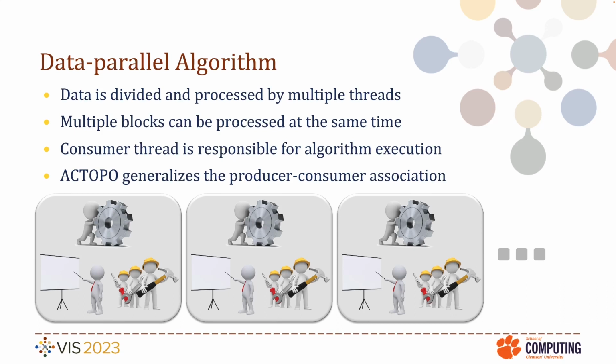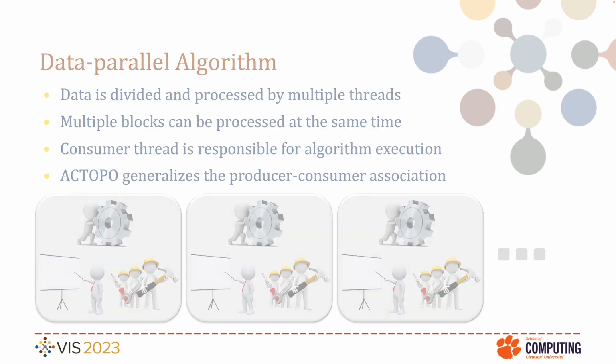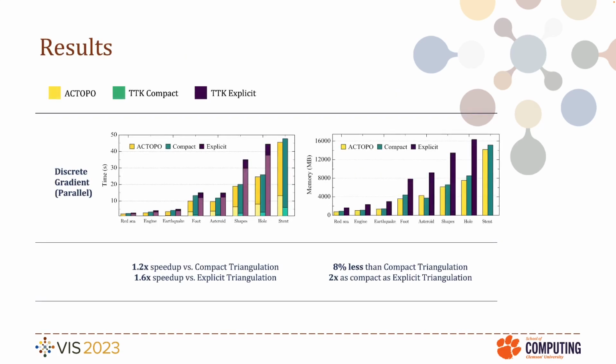As we mentioned earlier, the consumer thread in OCTOPUS is responsible for executing the algorithm. So our data structure simply generalizes the producer-consumer association. For example, if you have 4 consumer threads that run the algorithm execution, it will duplicate the corresponding lead producer and the work producer.